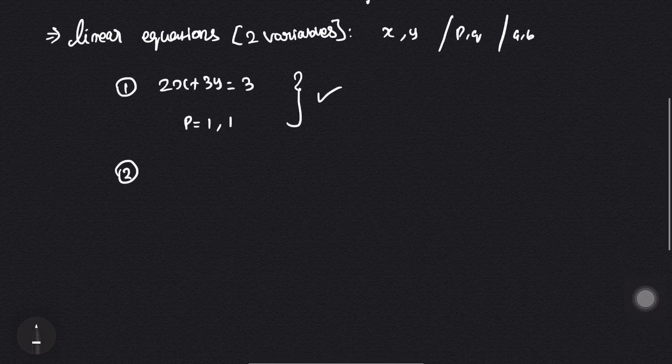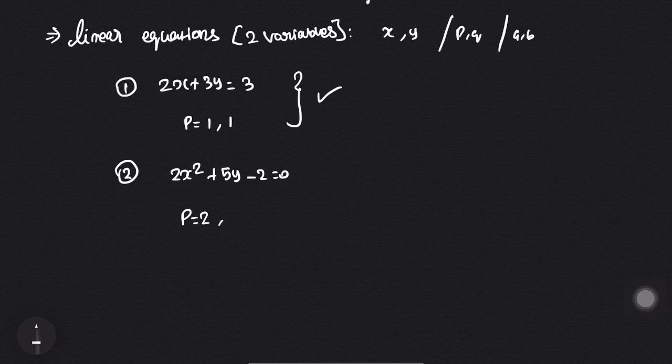Next, 2x square plus 5y minus 2 is equal to 0. Now the power of x is equal to 2 and the power of y is equal to 1. But the maximum power is equal to 2. So this is not a linear equation, but it's a two variable equation.